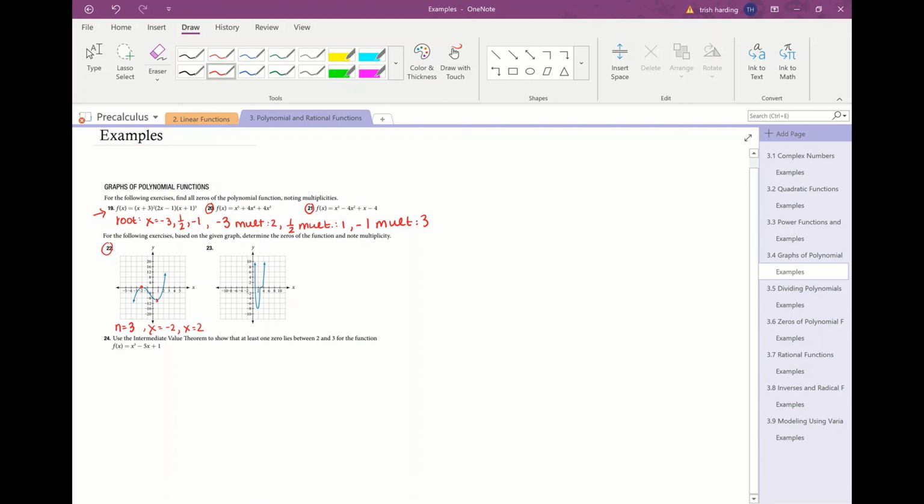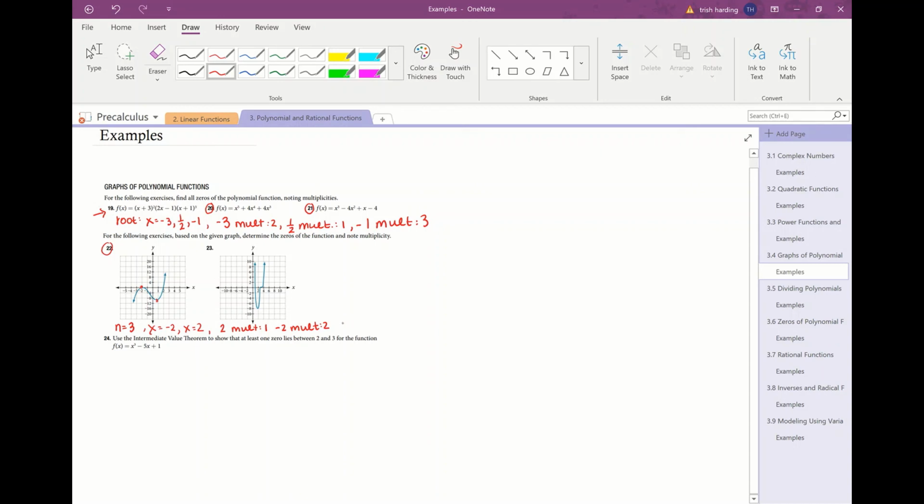Now notice that it goes right through the x-axis at x equals 2. So 2 will have a multiplicity of 1. And notice how it bounces off like a parabola and it doesn't spend a whole lot of time bouncing off. -2 has a multiplicity of 2.